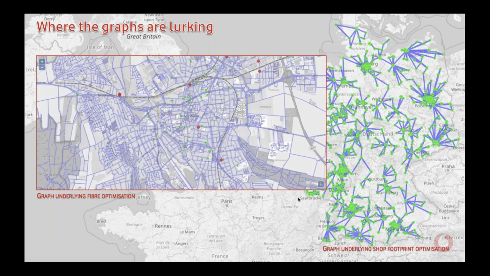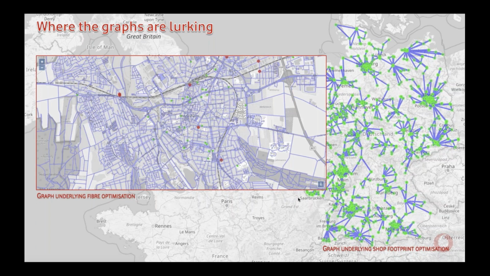Before I start with the use cases, let's look at some of the graphs that are lurking in the background, not in Great Britain as the map is indicating, but behind our problems. So often we can model our problems as graph problems. In our first use case, fiber optimization, we have a graph as indicated in the red box.